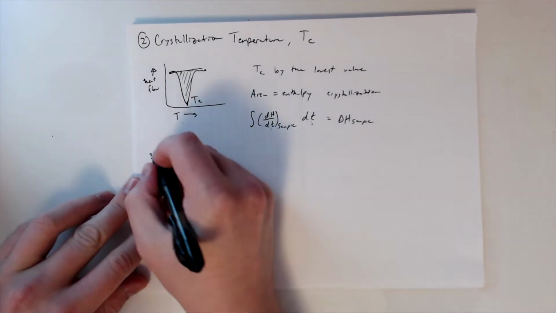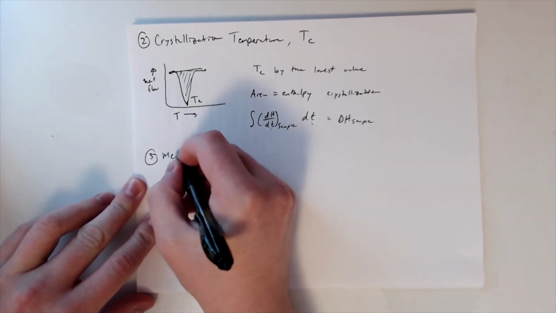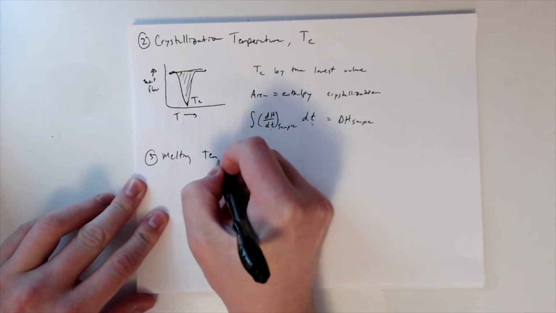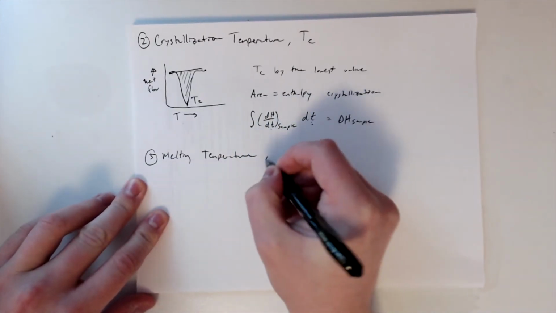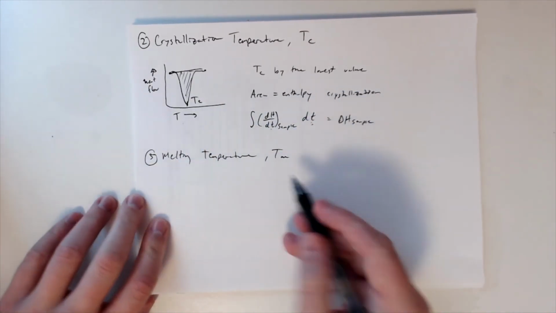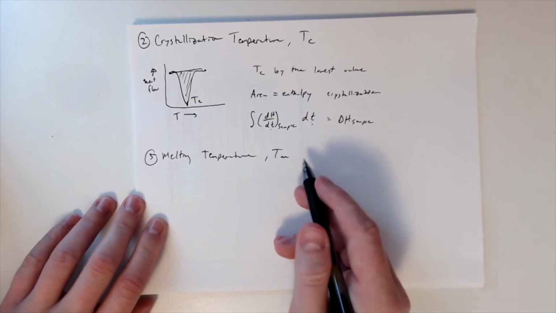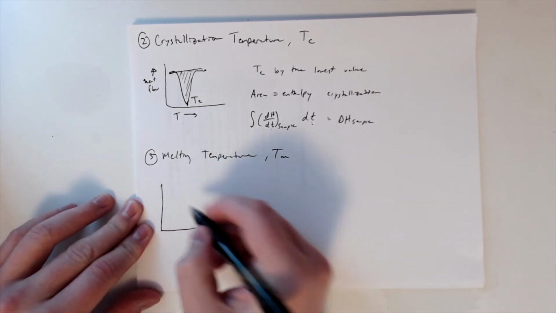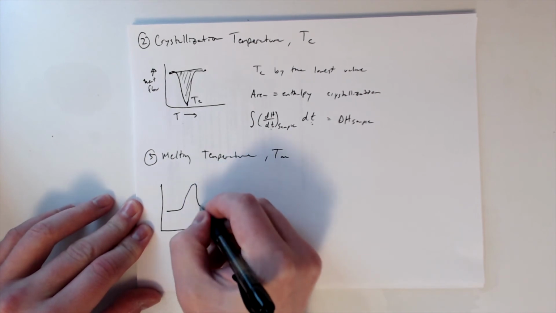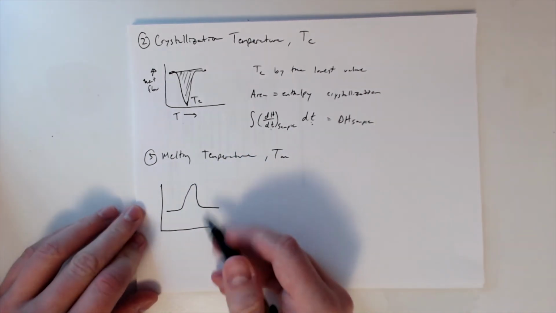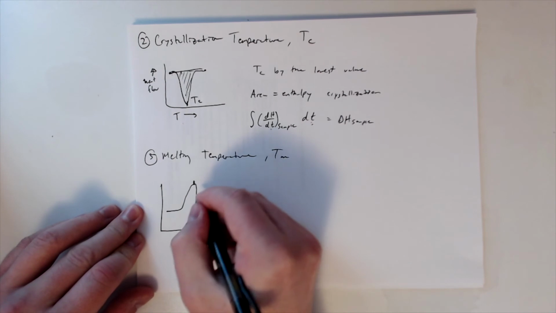All right, so let's look at the last thing then, the melting temperature. And then again, we call that Tm for melting. So this is the same thing as what we saw above, but the peak is positive in this case. But we can find the same features.